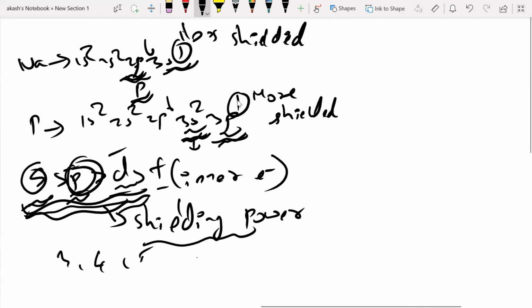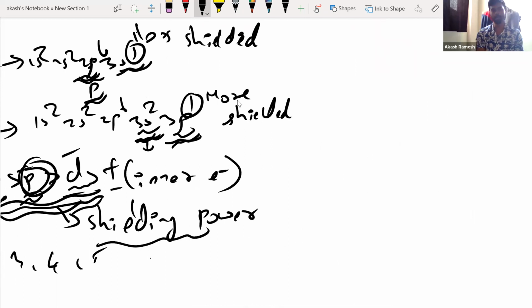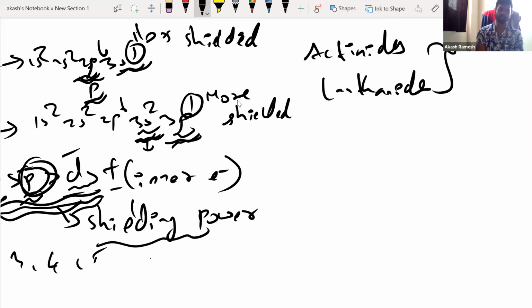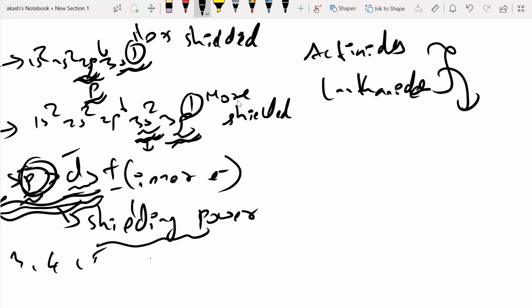Now, whatever I'm talking about is very predominant when I go for actinides and lanthanides. Which block do these belong to? F block.